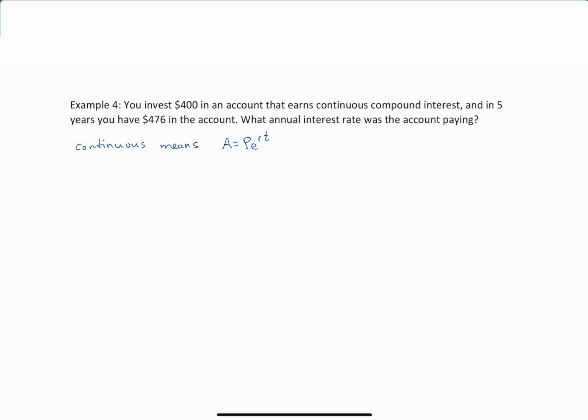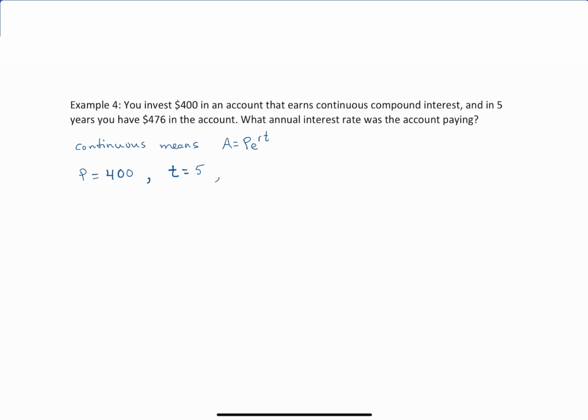Let's go ahead and note down which number in the problem corresponds to which letter in the formula. We invest $400, that means that's our principal. So P equals 400. It's a continuous compound interest. 5 years. That's interesting. This time we're being given a t value.